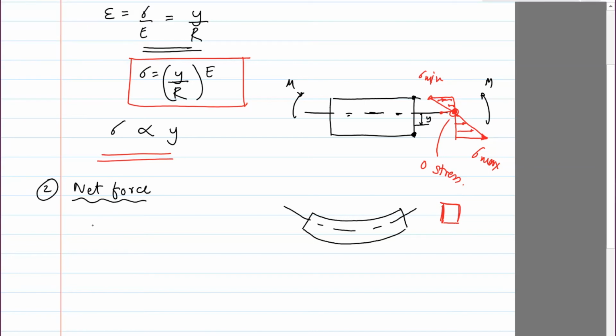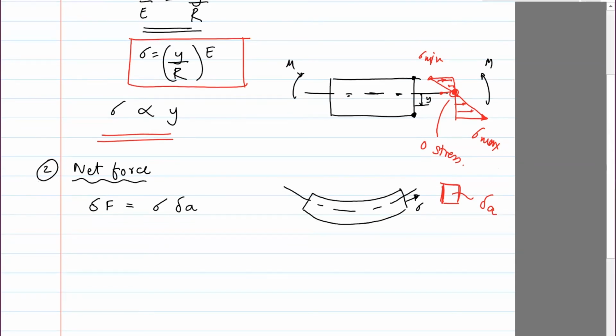I'm going to try to find an expression for the net force in the horizontal direction. There is a stress sigma here. And of course, it's going to be compression on one side and tension on the other side. But nevertheless, that force can be found as sigma times dA, where dA is the cross-sectional area. Or delta A. dA is fine, delta A is fine. I use delta, but you can use d, that's fine.